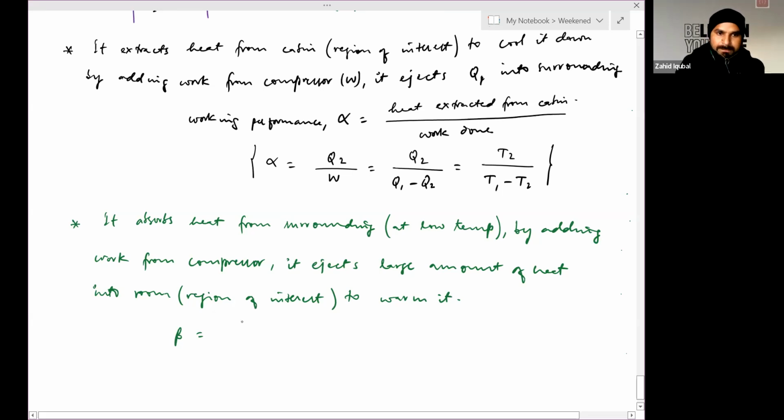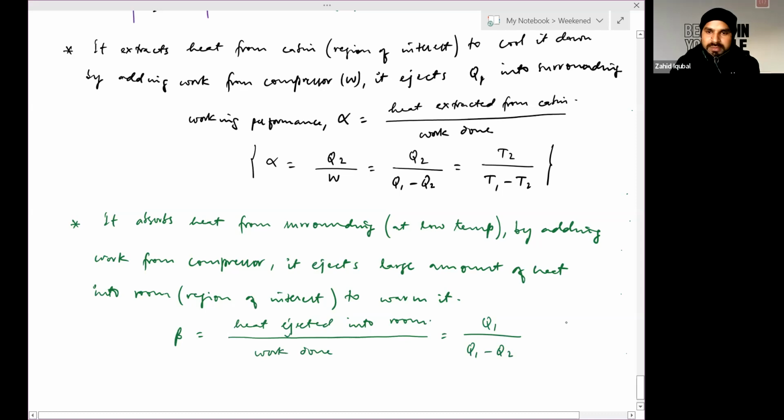So it will be heat ejected into room, that is the output part, divided by input work done. So it will be Q1 divided by Q1 minus Q2. In terms of temperature, it will be T1 by T1 minus T2.